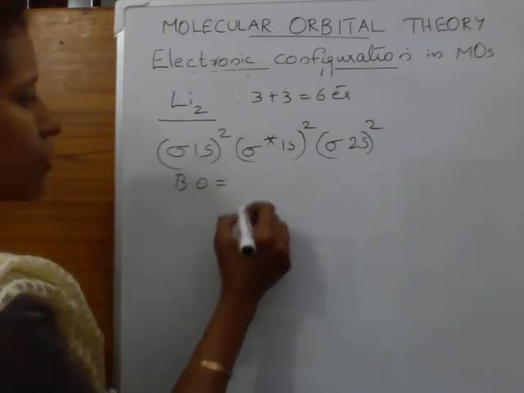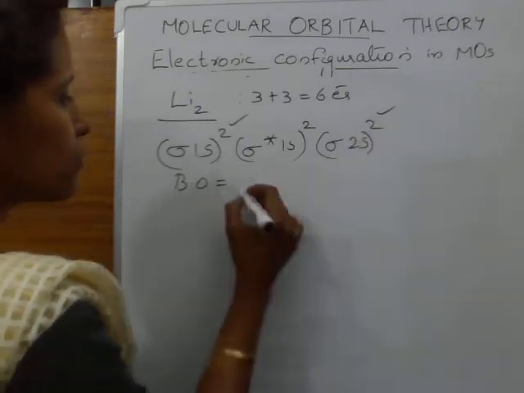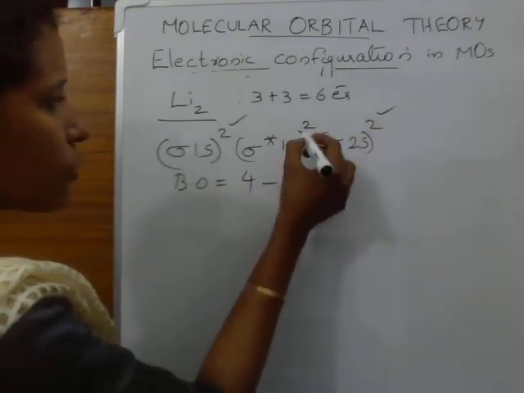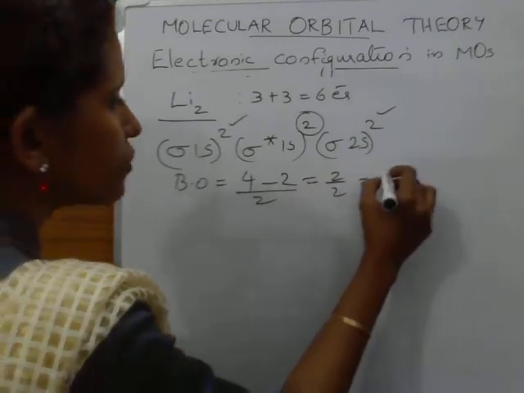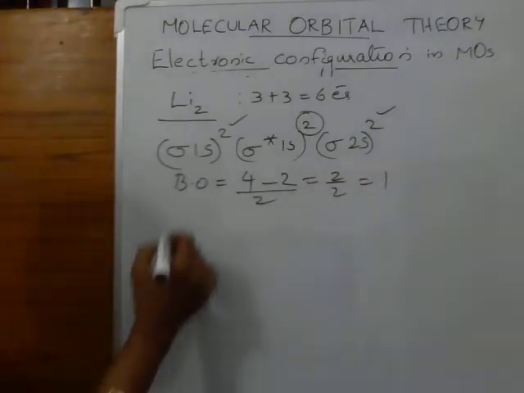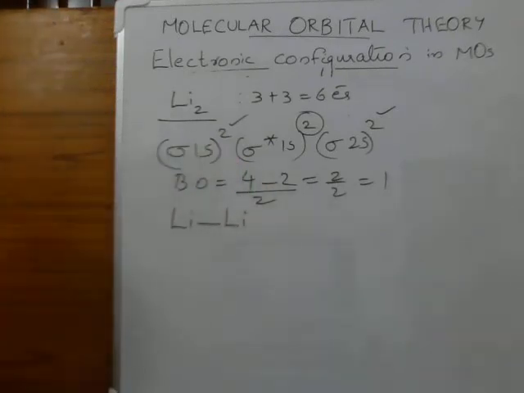Bond order will be equal to number of bonding electrons, 2 plus 2, 4, minus antibonding electrons 2, by 2, equal to 2 by 2, equal to 1. That means lithium molecule contains a single covalent bond, and it's again a sigma covalent bond because sigma electrons are involved in bonding.